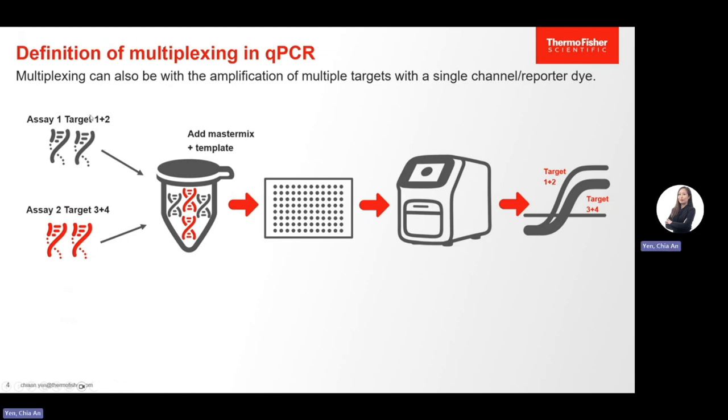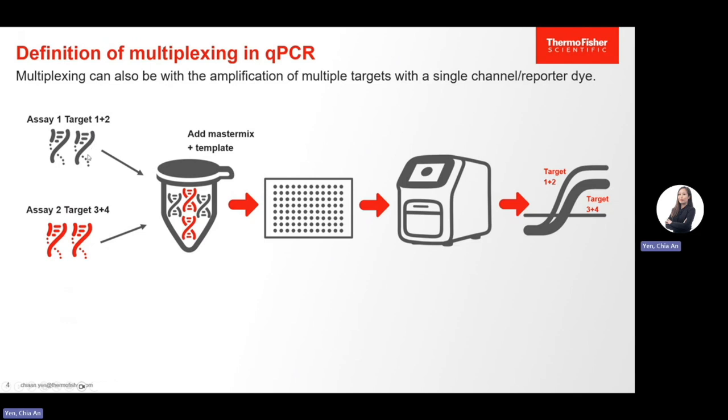For assay 1, I will have probe sequences for target 1 and 2 that are different, but the reporter dye used is the same. That way, the signal generated will be combined as a single amplification curve. And that can be a use case scenario.